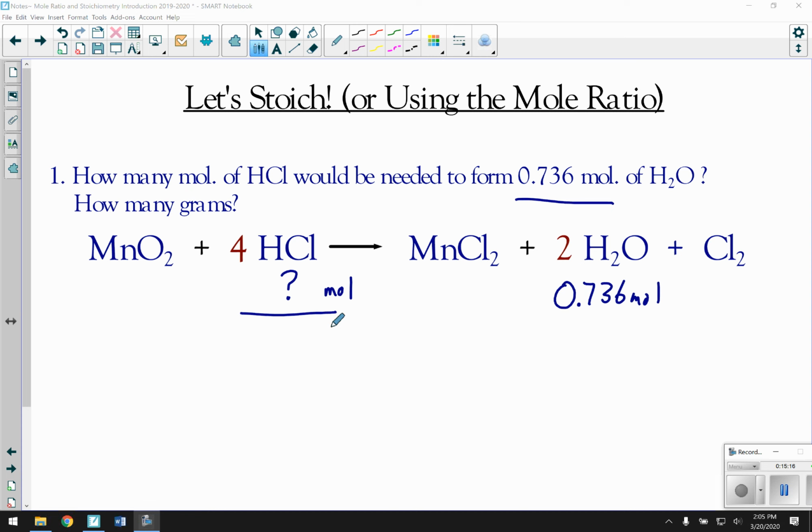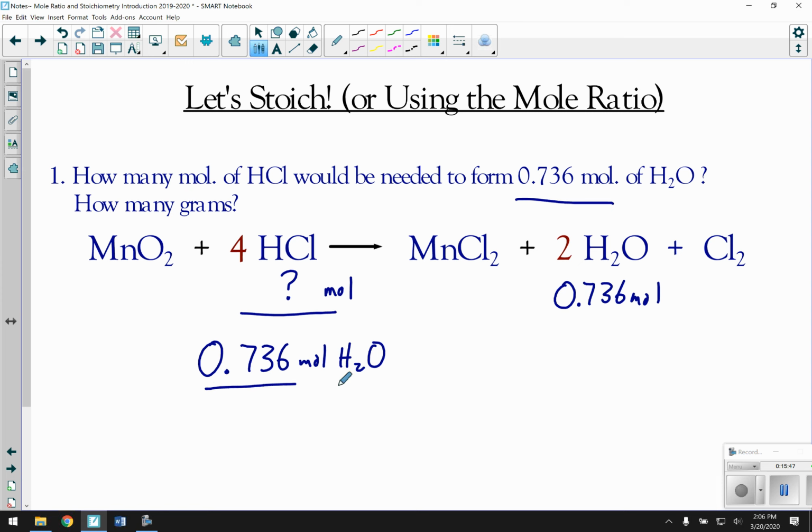So I'm going to start with my factor label method, with my picket fence. Let's always start with what we're given. We know that we have 0.736 moles of water, and we want to turn that into moles of HCl.